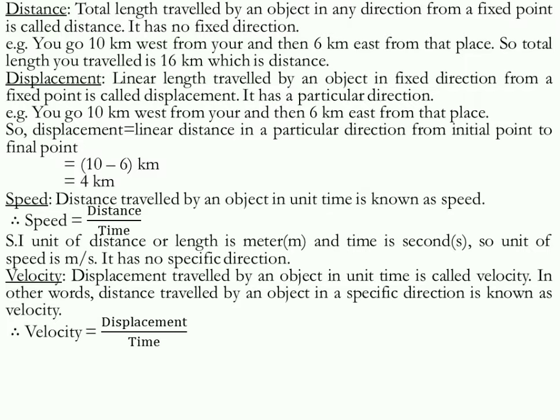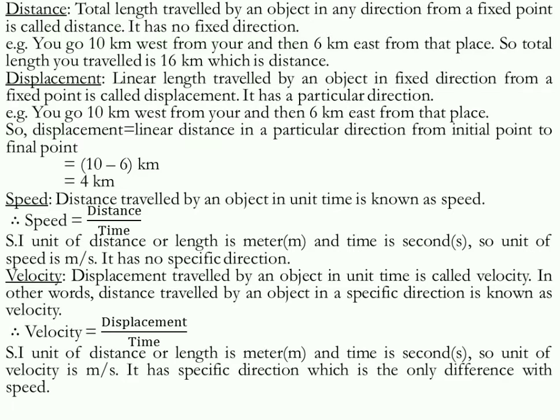So the formula for velocity is displacement by time, because displacement has a specific direction. Like speed, the velocity unit is also meter per second, but it has a specific direction.